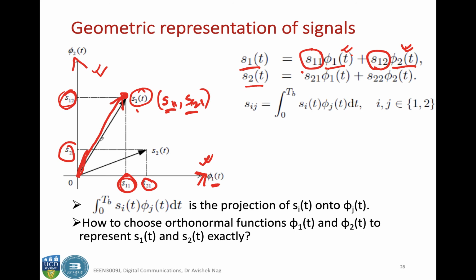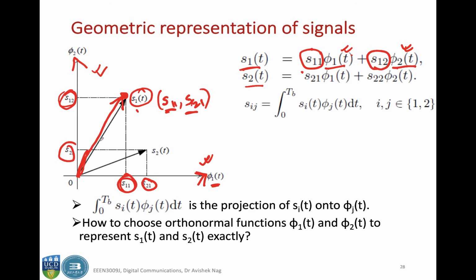So any signal can be represented as a linear combination of two or more unit vectors, or two or more time functions which behave like unit vectors by virtue of their property that they have unit energy, and if multiplied and integrated between phi i and phi j, where i is not equal to j, we get a 0.